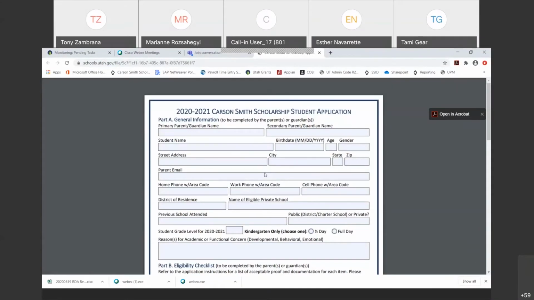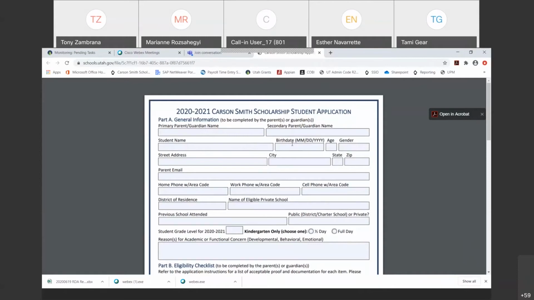Okay, so this is the updated application, and we'll just go over some of the information here, so that everybody knows what needs to go where. Obviously you have your spot for your primary parent and secondary parent names.